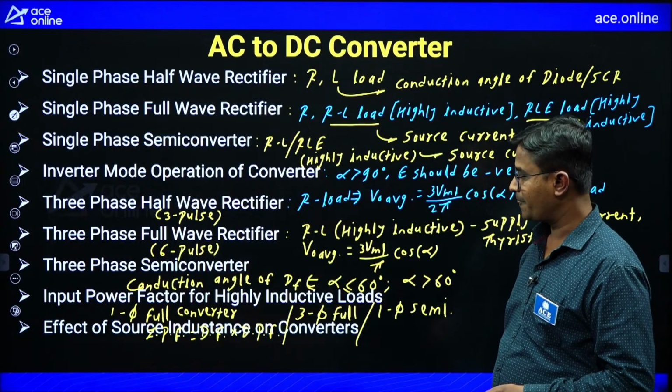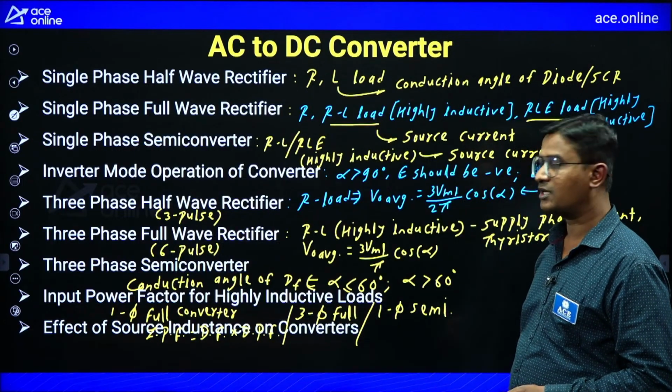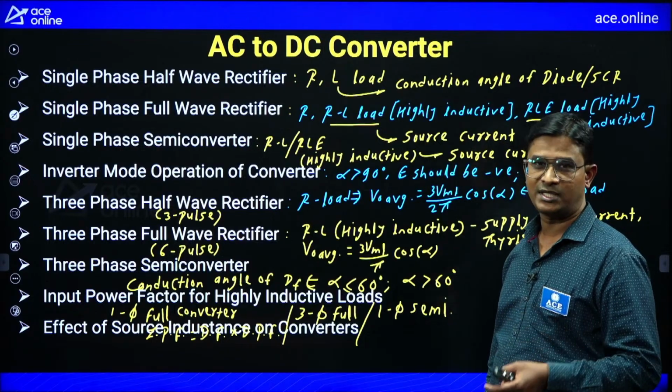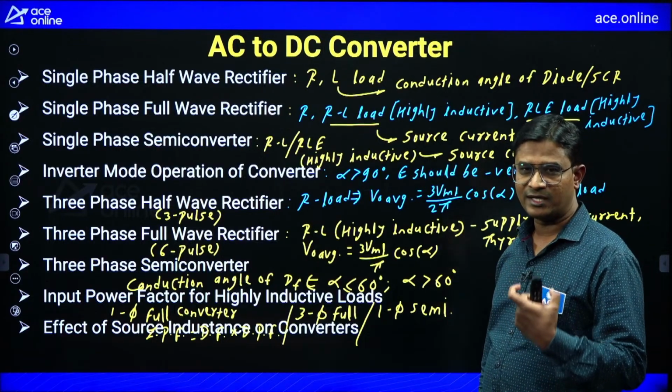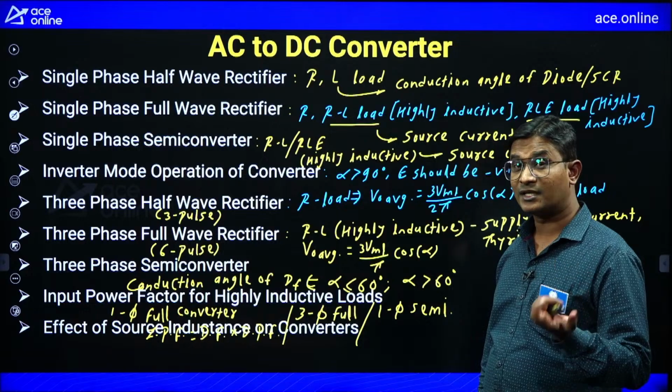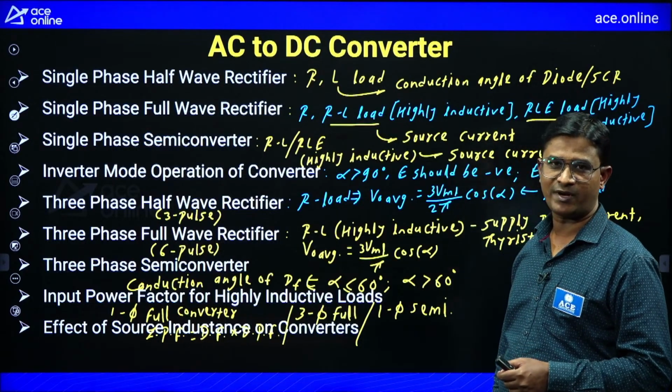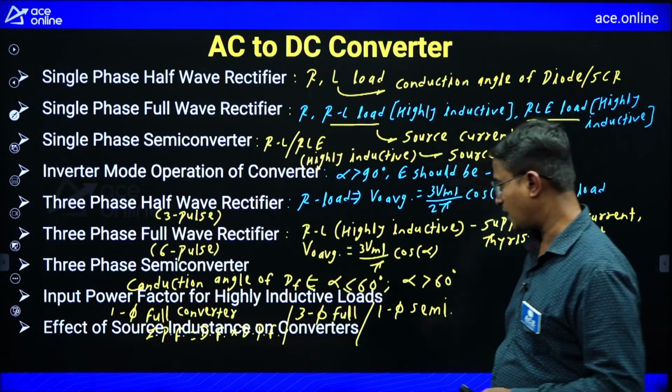Next is the effect of source inductance on converter. What is the effect of source inductance? Output voltage decreases, right? If source inductance is present, then what is the displacement power factor? This type of question they have asked.